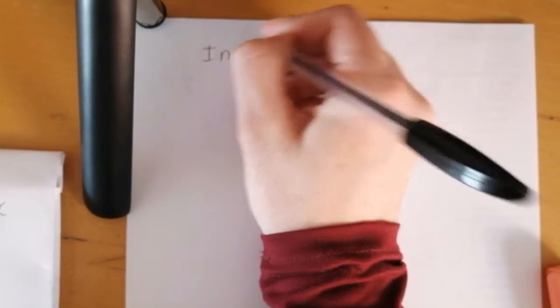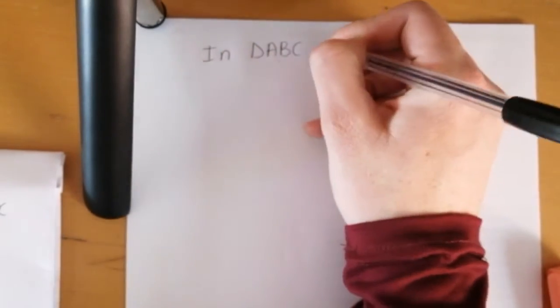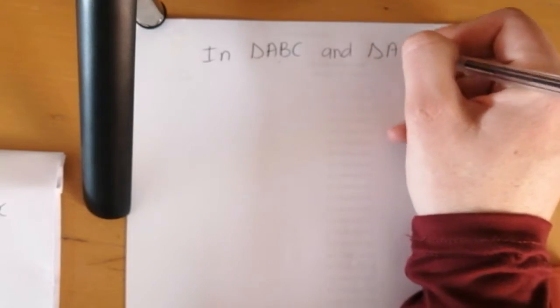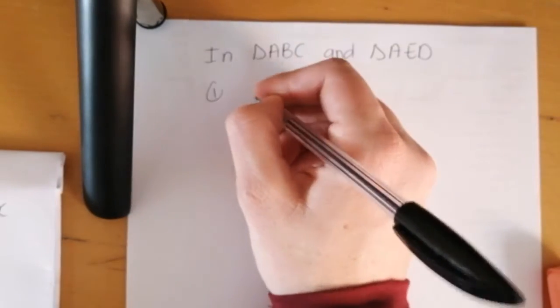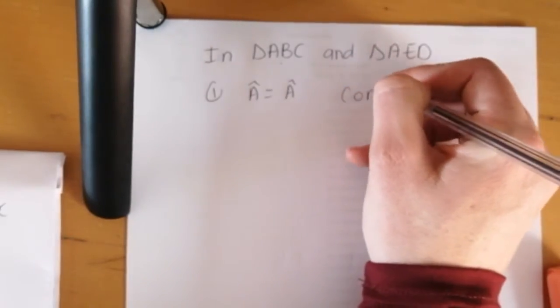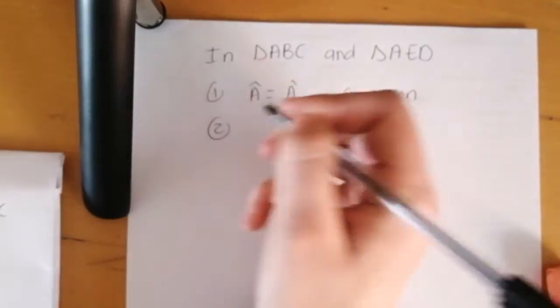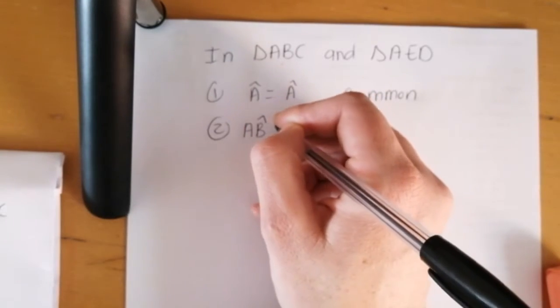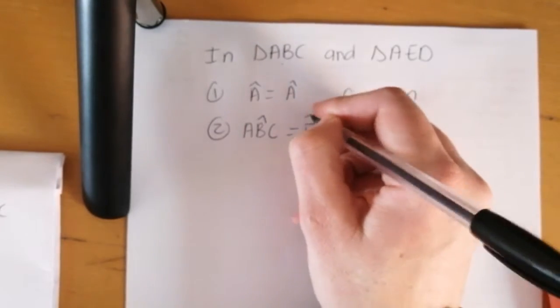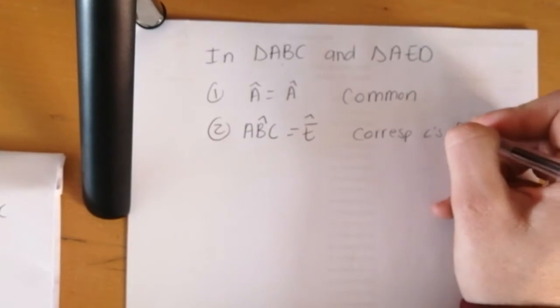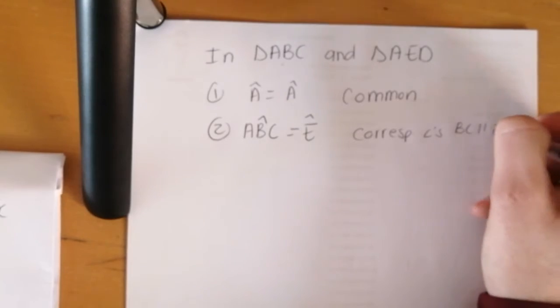So in triangle ABC and triangle AED, we can say firstly angle A is equal to angle A because it's common. Secondly, we can say that angle ABC is equal to angle A, corresponding angles, and BC is parallel to ED.